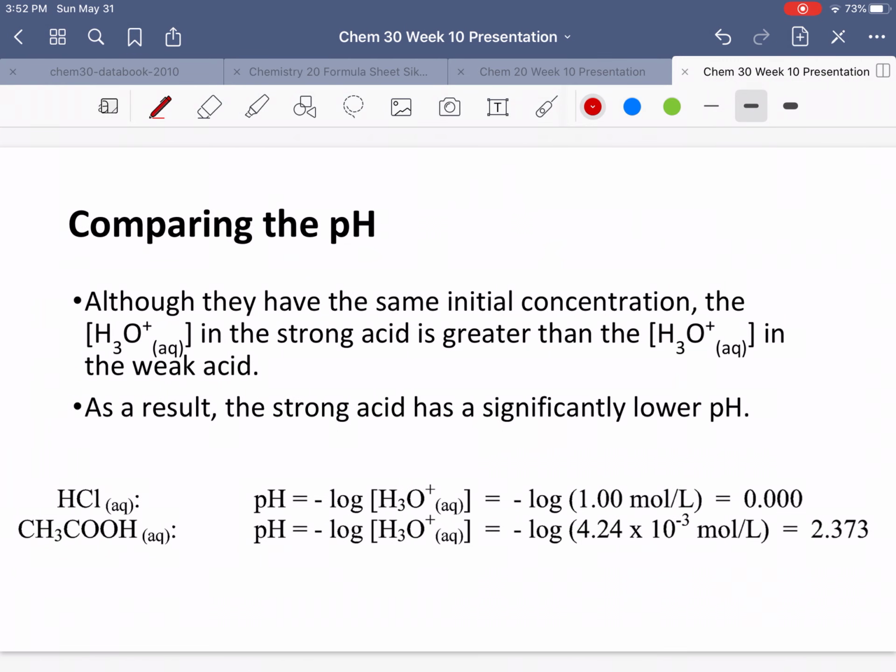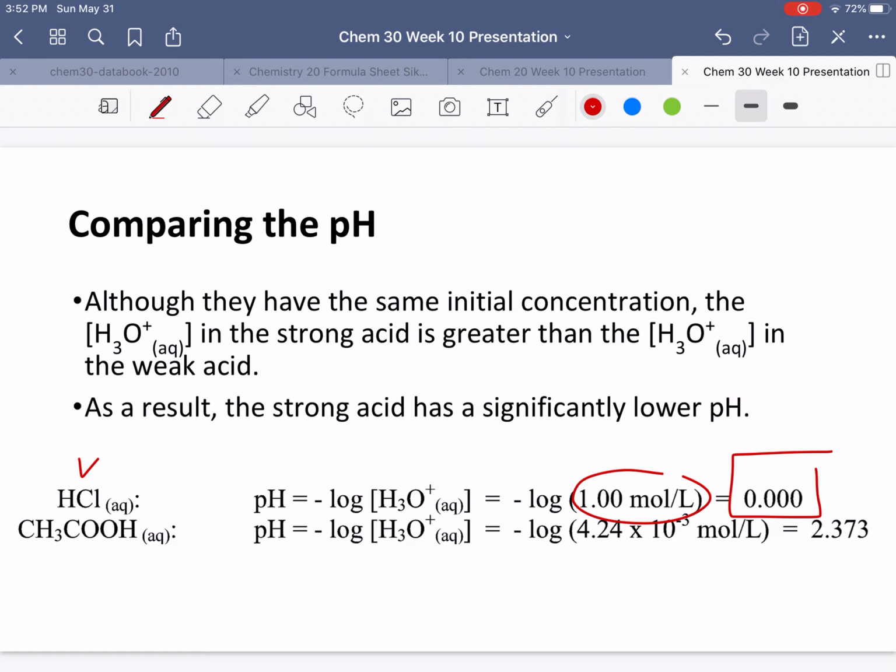Alrighty, when you compare, just as a side note, the pH of these, this gets interesting. This is still relating back to the same example I was just giving to you. So the hydrochloric acid completely ionizes, so the concentration of hydronium is the same as the original HCl. And look at that pH when you calculate it. Negative log of the 1.00 molarity.